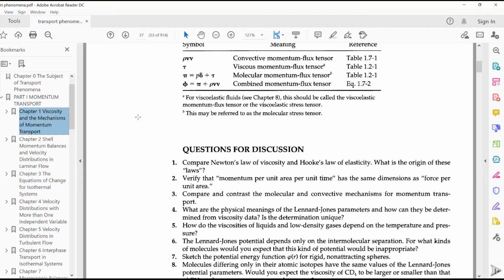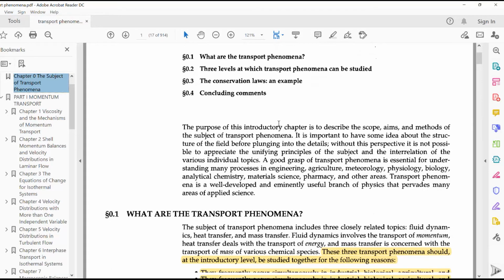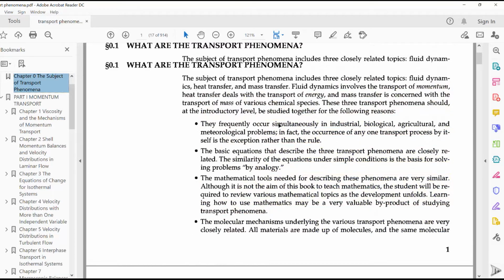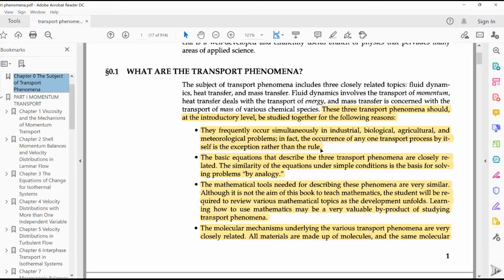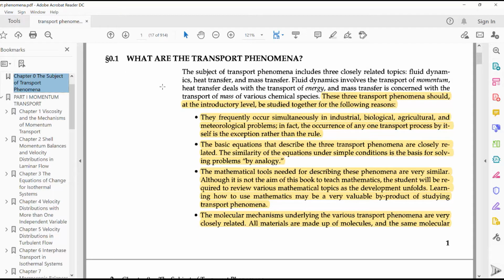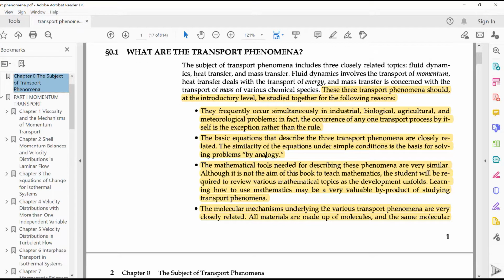And as we said at the starting point of this book, transport phenomena includes momentum, energy, and mass transport simultaneously in these books, because they contain analogies between each other. Why?